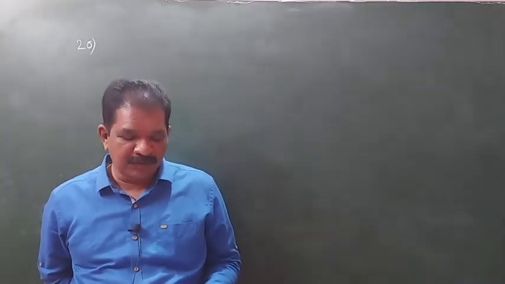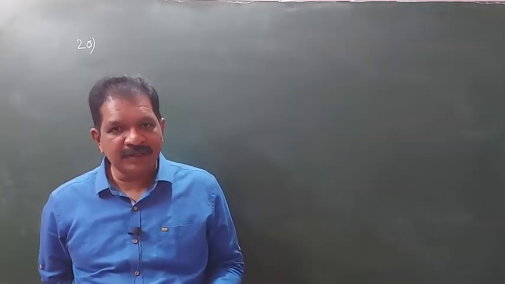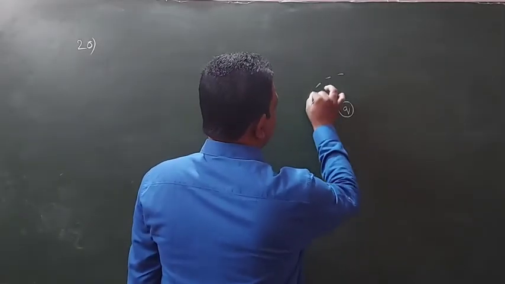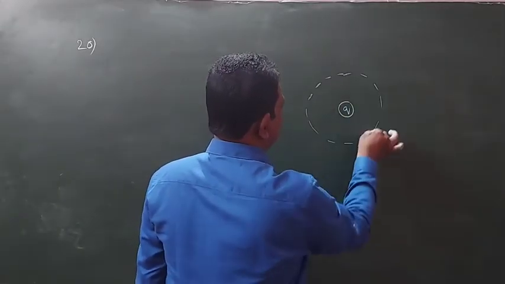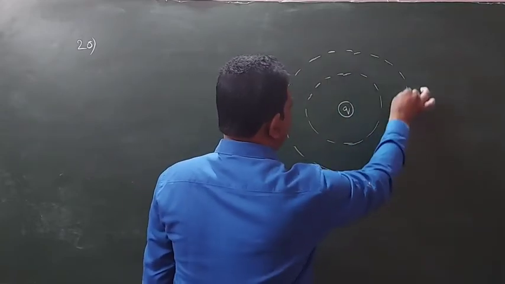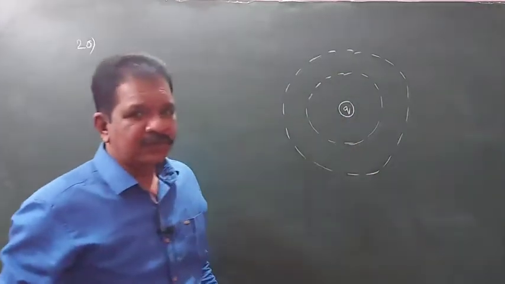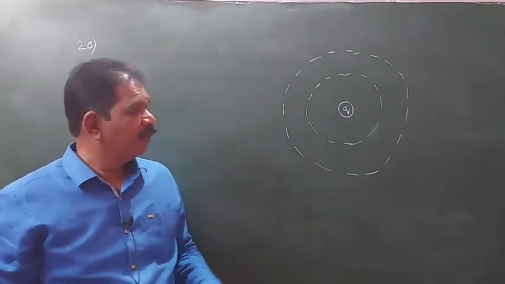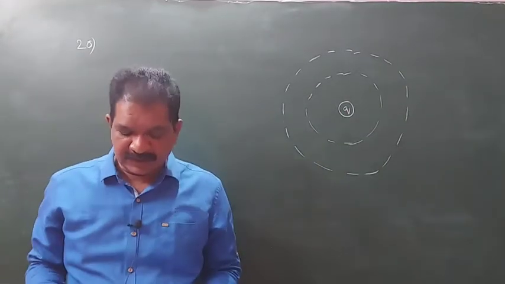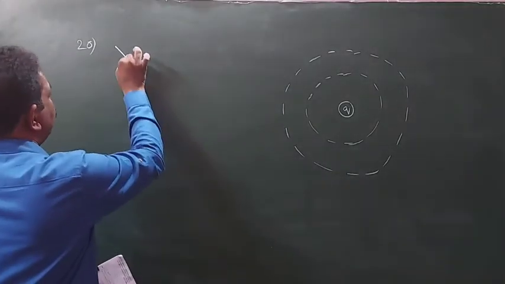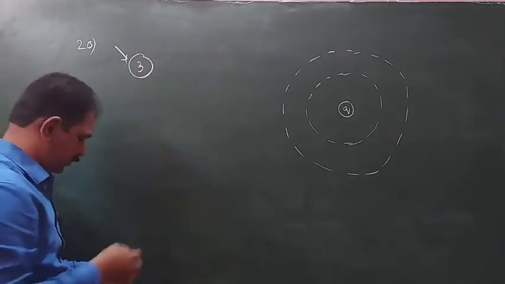Third option will be right. Charge is at the center. This will be an equipotential surface. This will be another equipotential surface. So equipotential surface is a sphere having charge at the center. Okay. 20, it will be the third option.